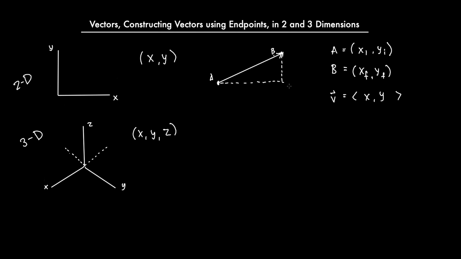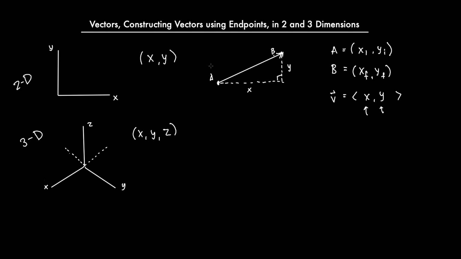So we have a horizontal line, which is the horizontal component of the vector, which is the x component, and the vertical component, which is the y component. So this would be y, this would be x component of the vector. And notice how it makes a right angle.